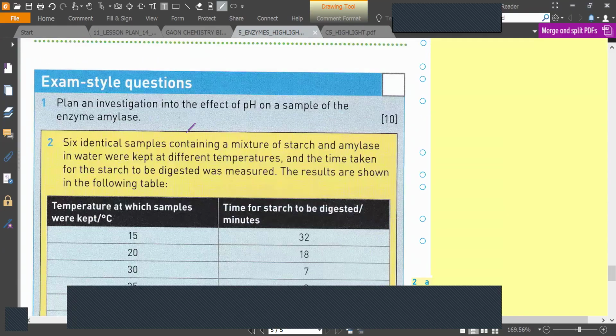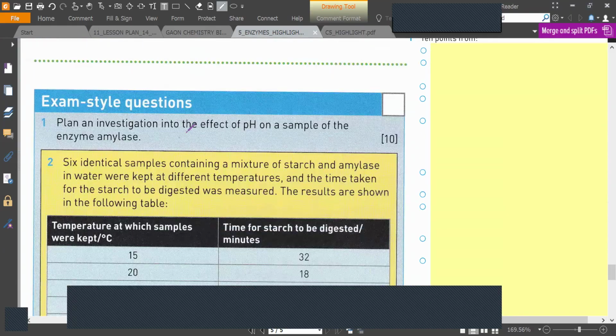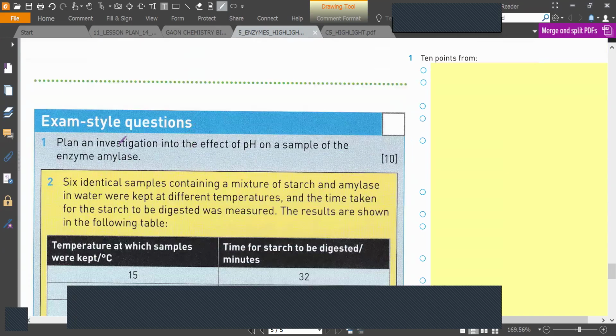Okay. Exam style questions. Okay, next. Plan an investigation into the effect of pH on a sample of enzyme amylase. So now we are given this enzyme amylase. We want to see which pH is suitable for amylase. Let's say pH 2, 4, 6, 8, 10, or maybe 3, 5, 7, 9, something like that.